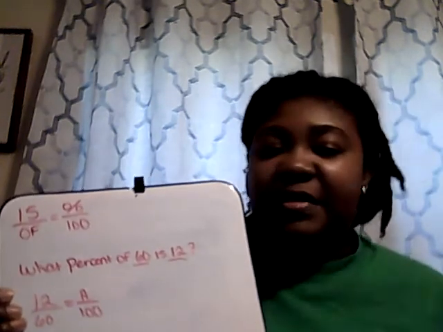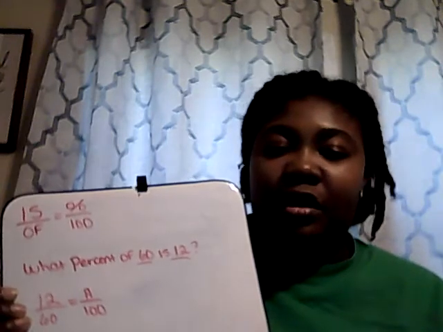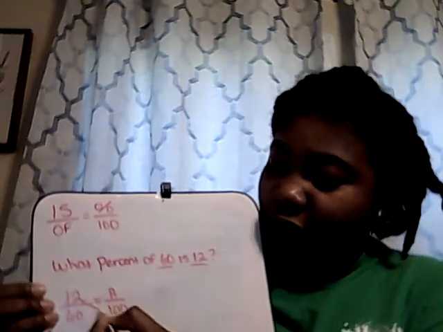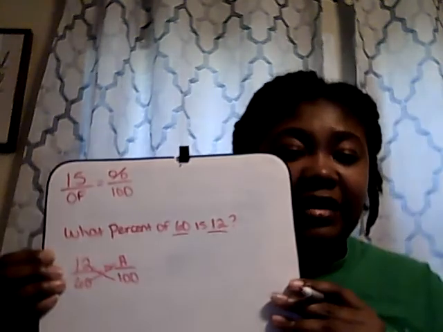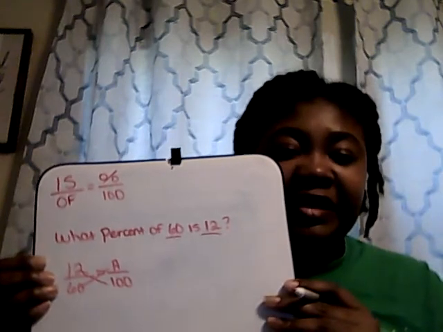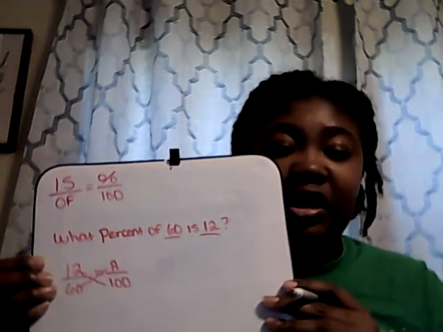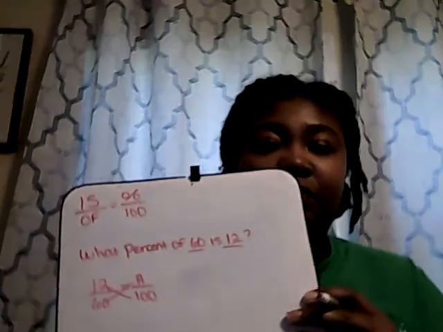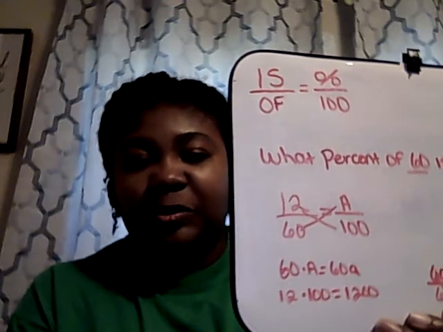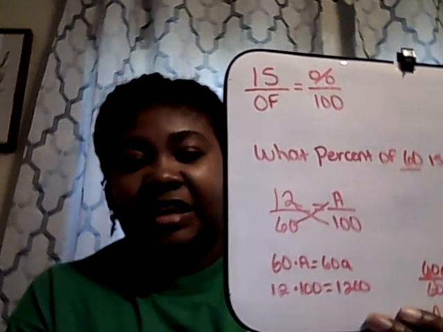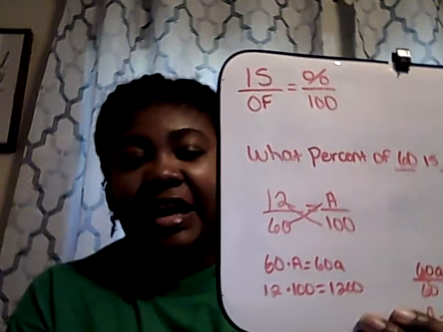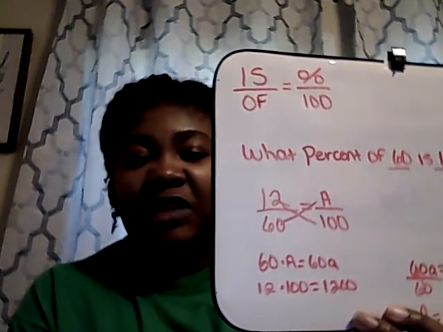It doesn't matter if it's A, B, C, D, whatever letter you want to use, and then you cross multiply. So 60 times A gives you 60A, and then 12 times 100 gives you 1200.